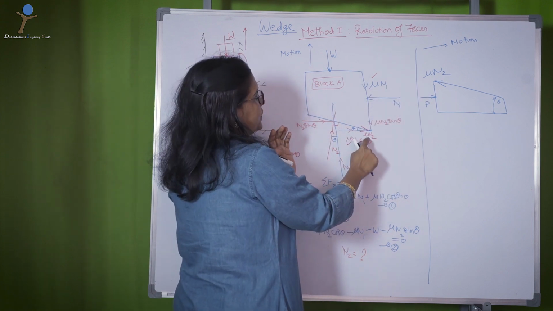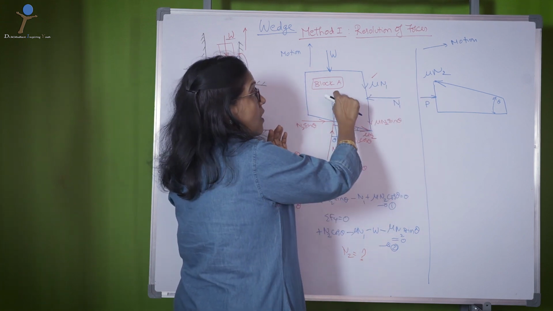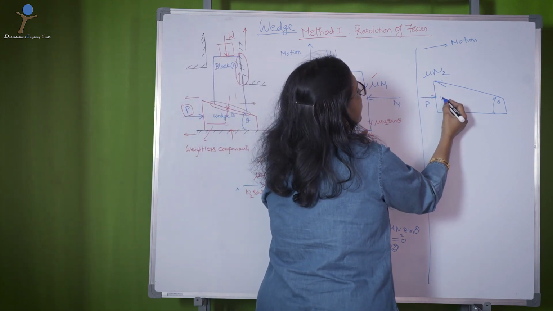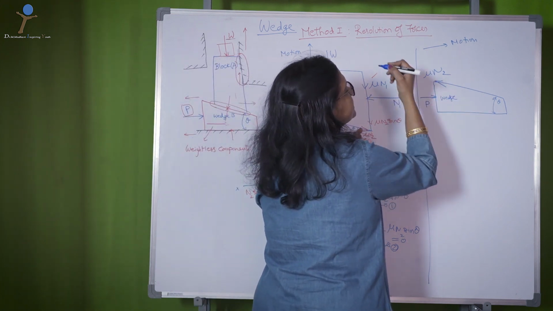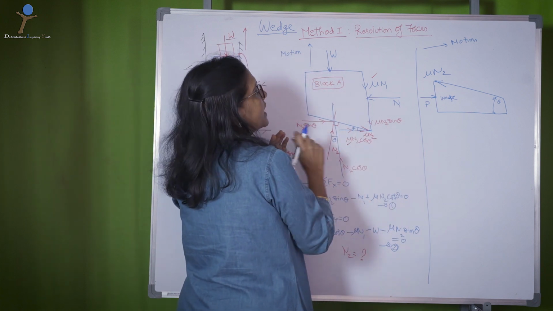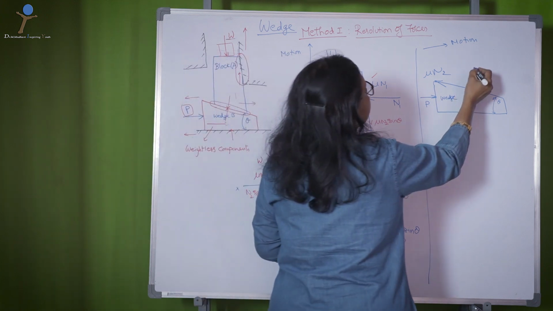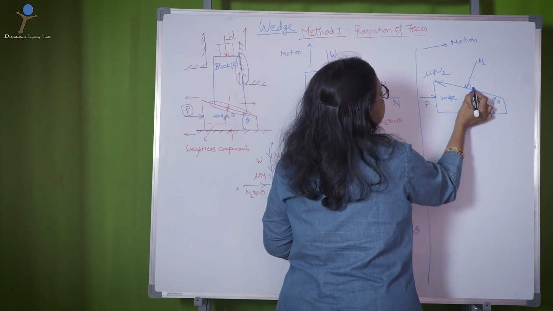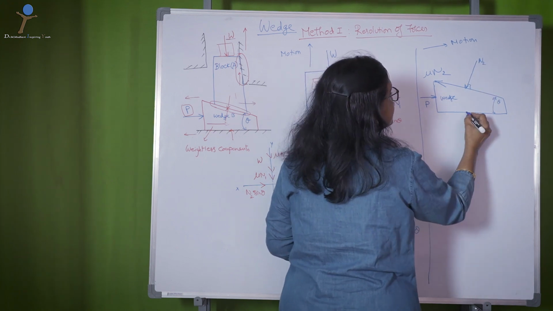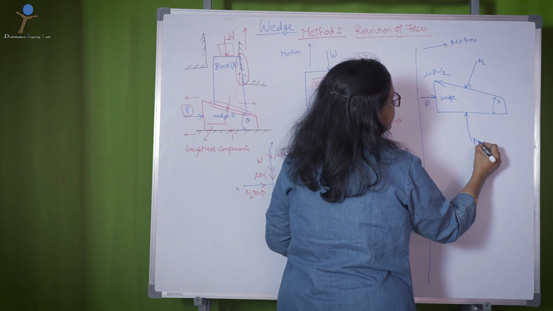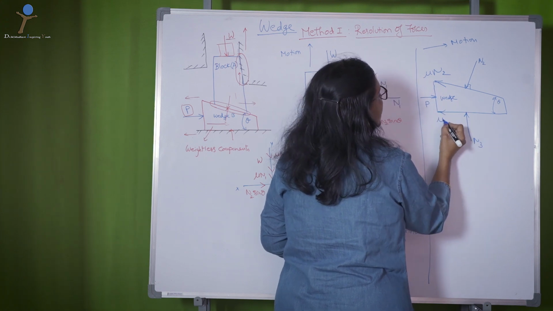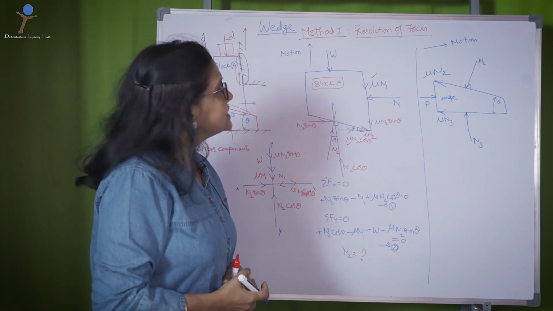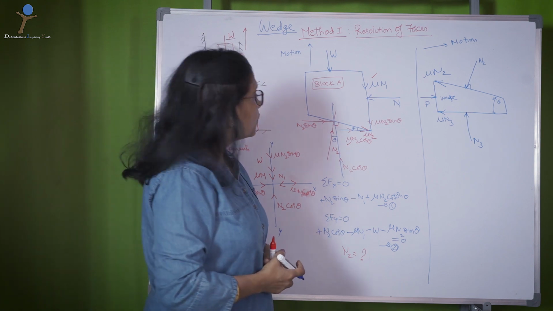Okay, mu n2 here is in right direction on the block, mu n2 on the wedge is opposite to this, upward direction. Then comes your n2 which is 90 degrees here, and there is one more normal n3 and mu n3. So, these are the forces that are acting on the wedge.